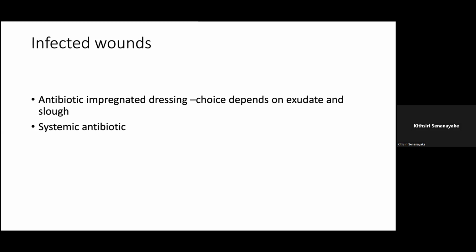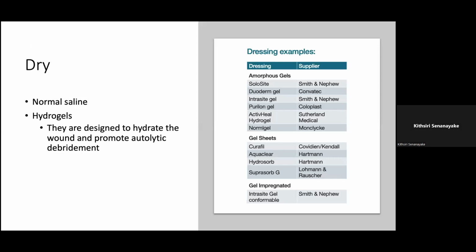And also you have to examine the wound properly to see whether the pus is tracking through the tendons and through tunnels. So you have to probe the wound and see properly. And then you can use antibiotic impregnated dressings once the pus is drained and the necrotic tissue is removed.